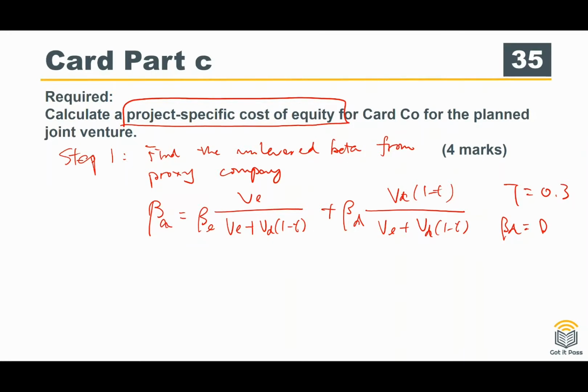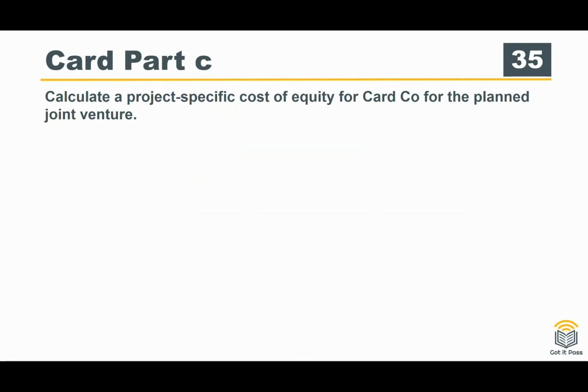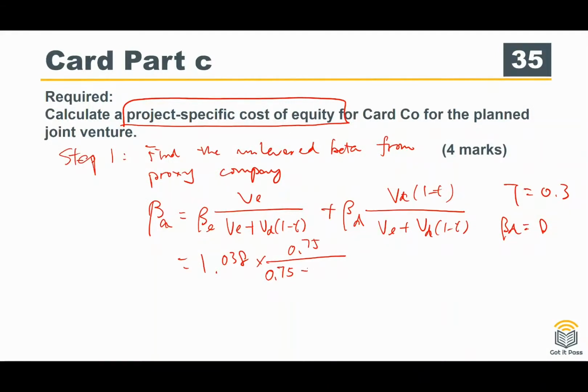The equity beta, which is given, is 1.038 times the market value weight, which is provided to you: 75% is the equity, divided by 75% of equity plus the value of debt, which is 25% times 1 minus 0.3, because it enjoys the tax benefits.